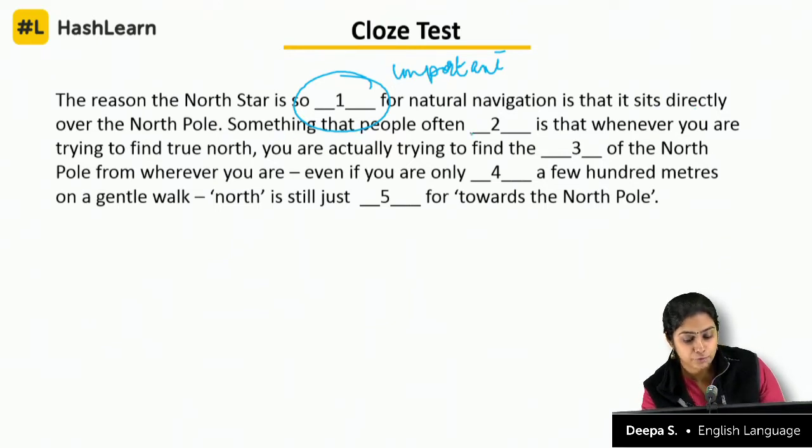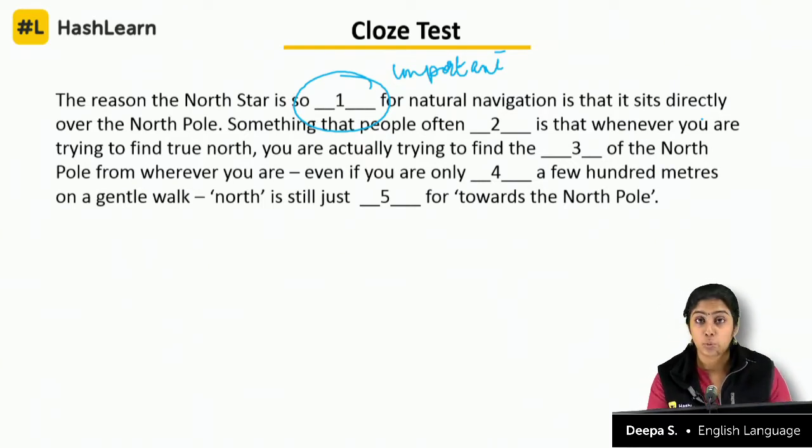Something that people often dash is that whenever you are trying to find true north, you're actually trying to find the dash of the North Pole from wherever you are. Even if you are only dash a few hundred meters on a gentle walk, north is still just dash for towards the North Pole.